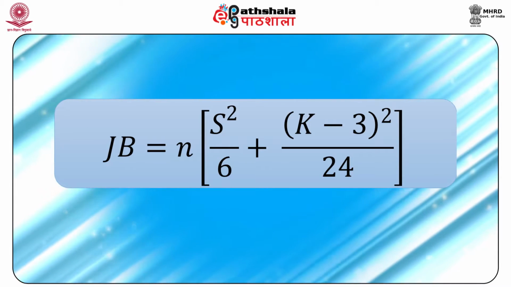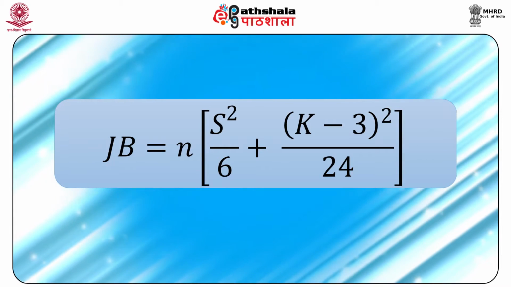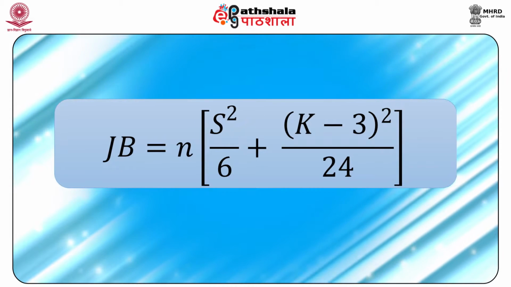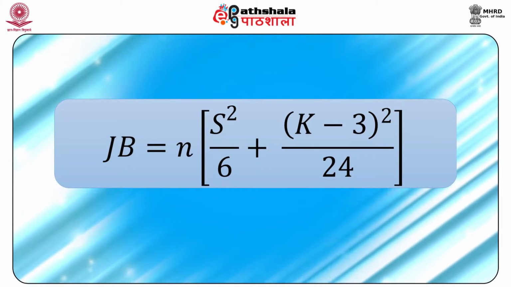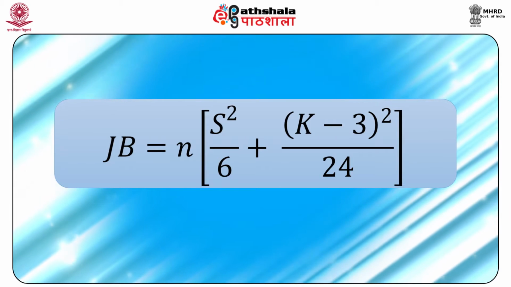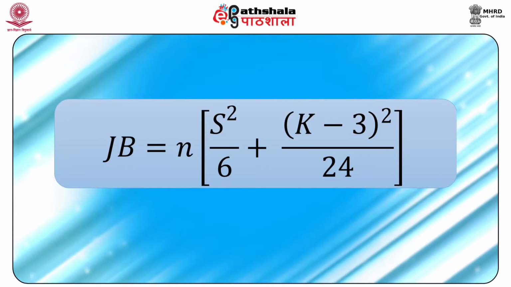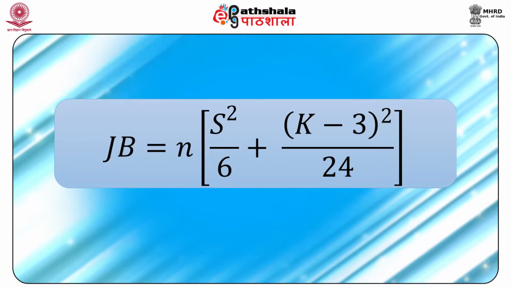Now under the null hypothesis, JB is distributed as a chi-square statistic with 2 degrees of freedom. Students, you can see in this formula that if skewness is 0 and kurtosis is 3, then both terms in the bracket will tend to be equal to 0, and therefore the Jarque-Bera statistic will be close to 0.